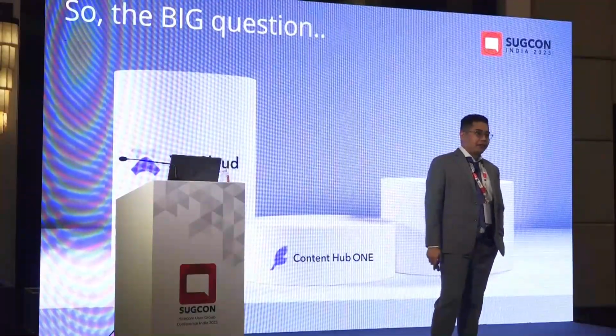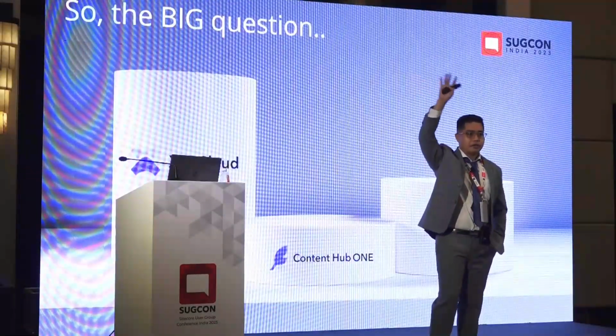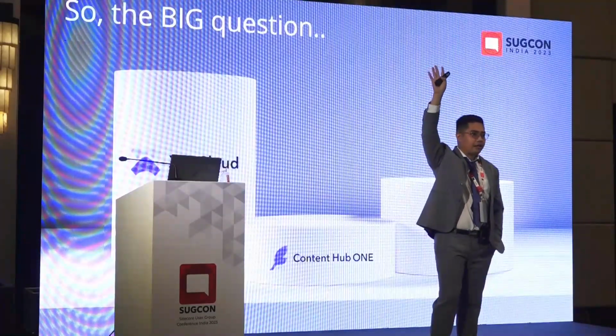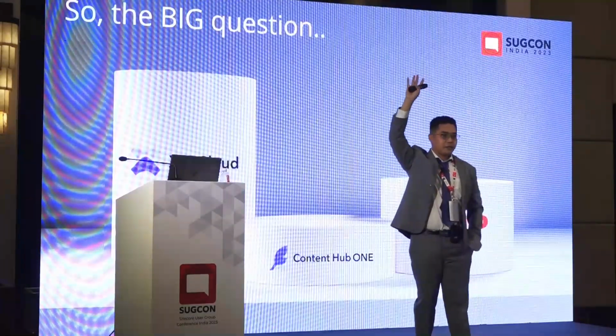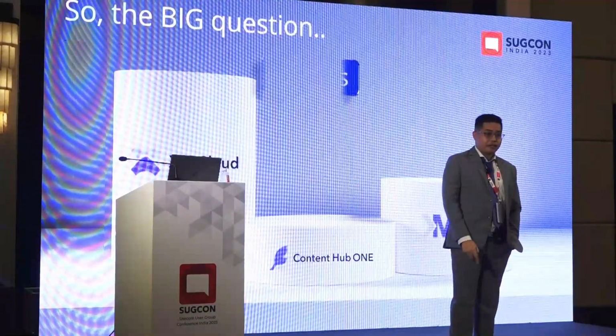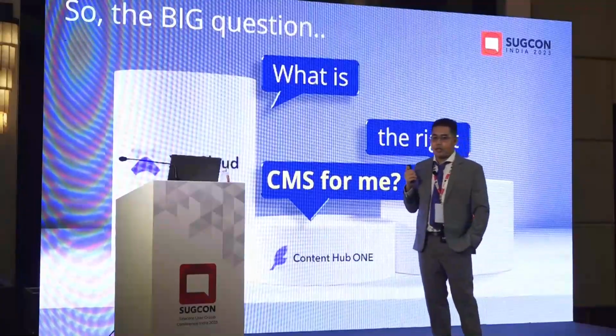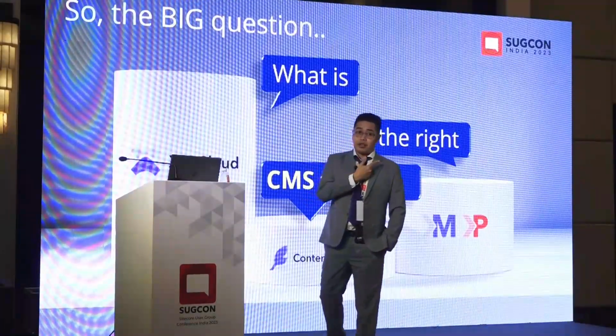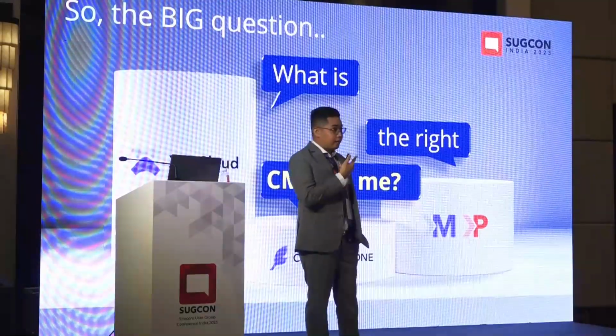So now, anyone here knows about Platform DXP? XM, XP, anyone just raise your hand? Just want to see, okay. So now probably you're asking, what's the difference, right? How do I differentiate Content Hub 1 versus XM Cloud, which Peter talked about just now, and XM and XP?